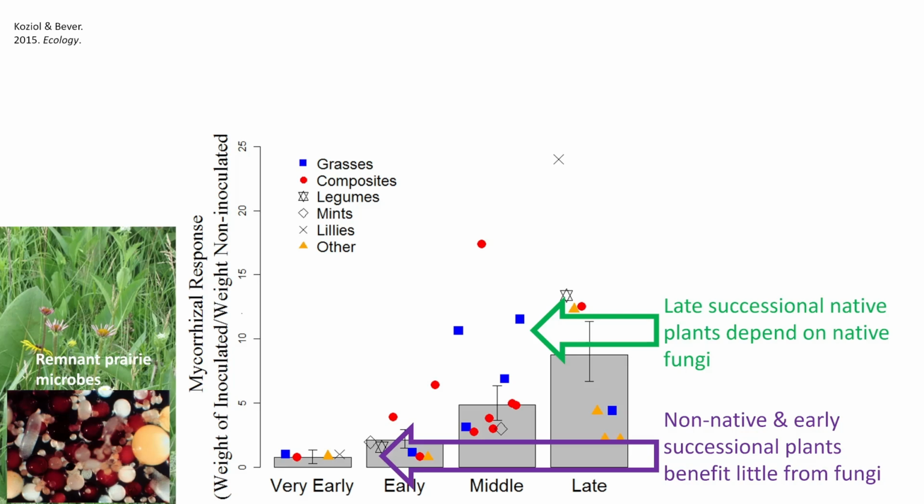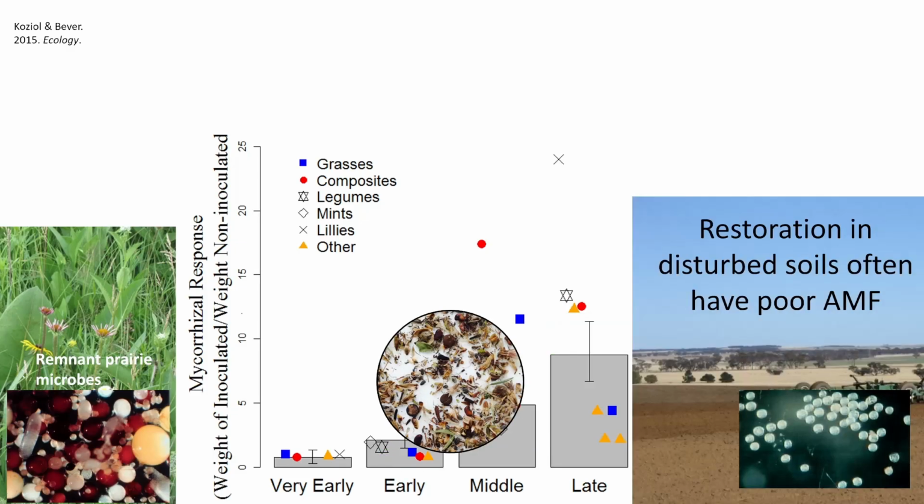I think about this figure a lot, and we use this to predict what might happen in a restoration. Let's say we took seeds from all these 25 little dots, all these plants, or little seedlings, and put those into a restoration environment that we know has a disturbed fungal community.